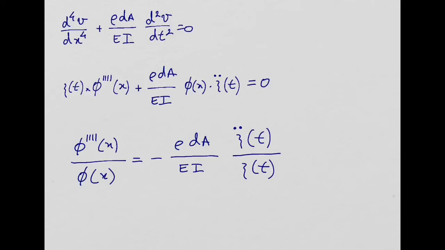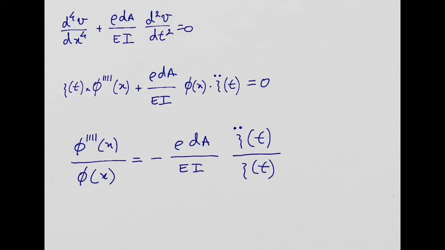But the important thing is, as you can see on the left-hand side, we have only the terms depending on the x coordinate, while on the right-hand side we have the terms depending on the time, the acceleration, and it's not deflection, it's the xi variable, right?